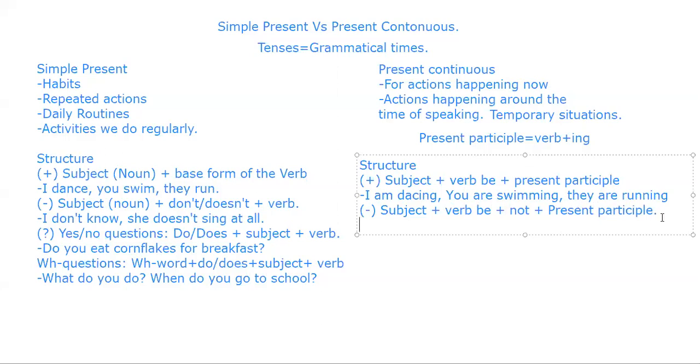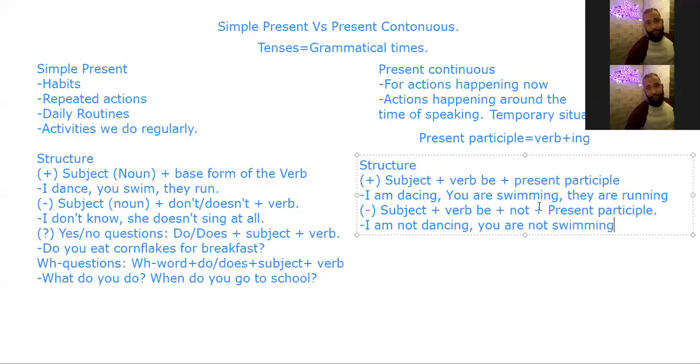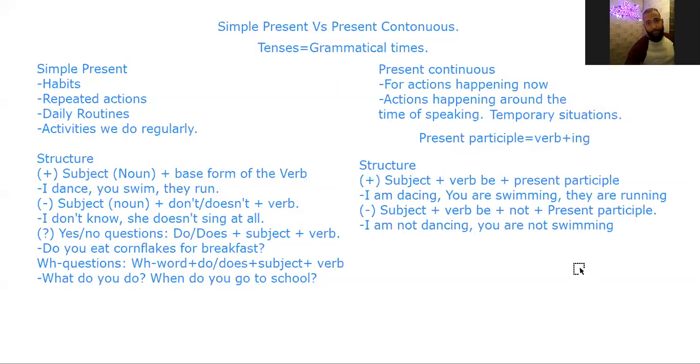So that's a negative form. Well, I cannot use the other one, so let me use I am not dancing. You are not swimming. You aren't running. We are not cooking. Very good. You got it.